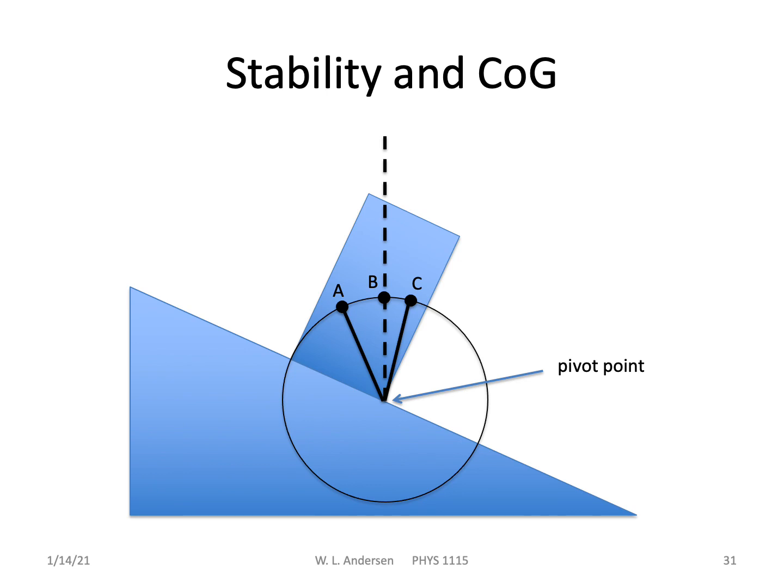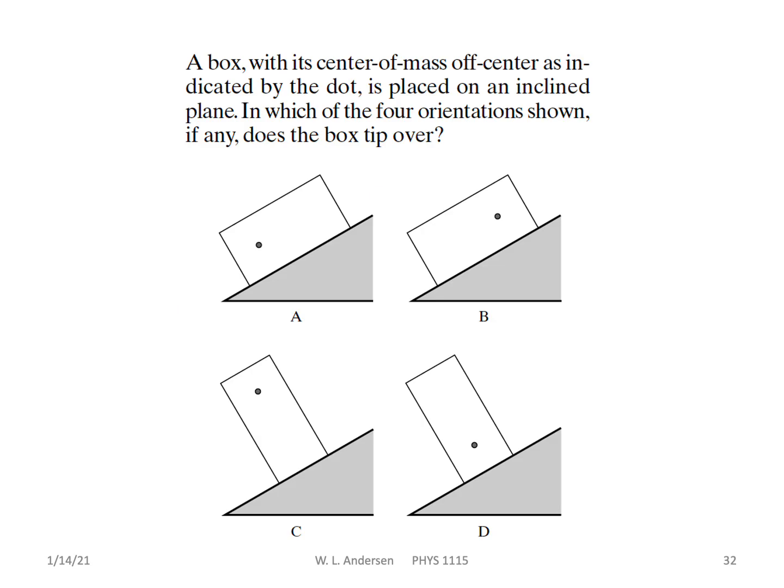You know, that's sort of a special case that you want to avoid in practical situations. Using Torricelli's principle, you can see here that the box which is going to tip over, the box that's unstable, is in fact case C.